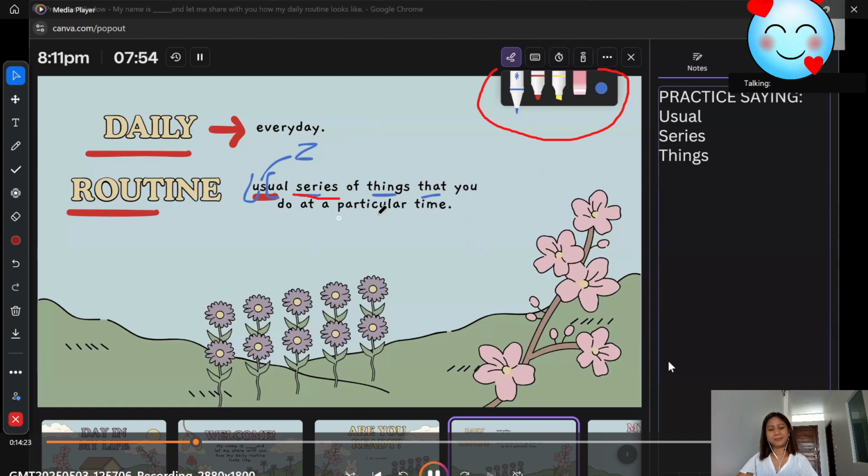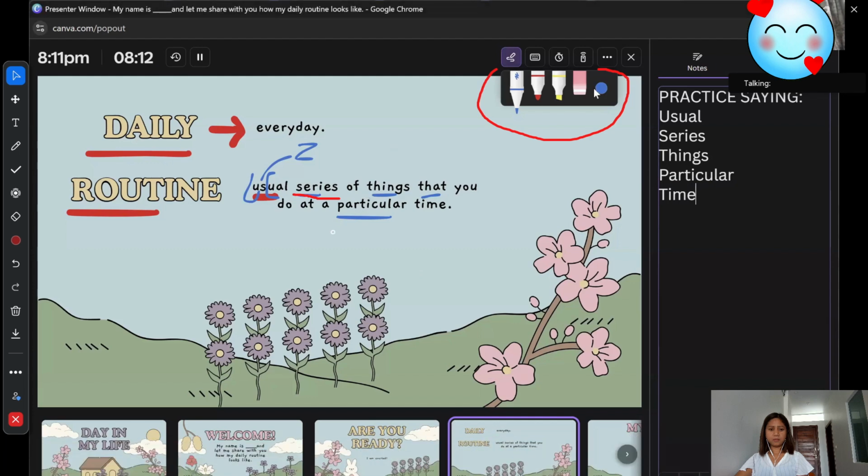Good. And particular. Particular time. Very good. Now, can you please read it again? What does routine mean? A series of things that you do at a particular time.